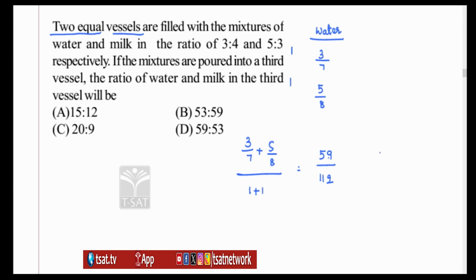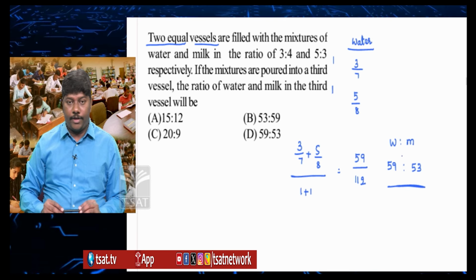So water is 59 and remaining 53 is milk. So if I ask you what is water to milk ratio, 59 parts out of 112 parts is water, then the remaining is milk, that is 53. Together they make 112. So the answer is 59 is to 53.